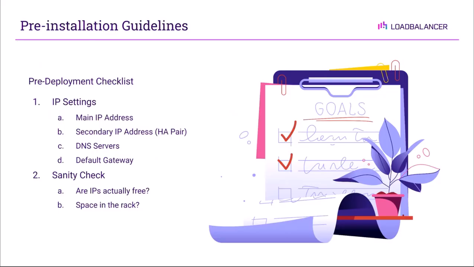Make sure that you have the details of the DNS service for that network as well as the default gateway. A little bit of a sanity check: it is also worth running a ping or something just to double check that those IPs are actually free, not in use. And then, as it is hardware that you're dealing with, make sure that the space in the rack is available so you can actually connect your units.